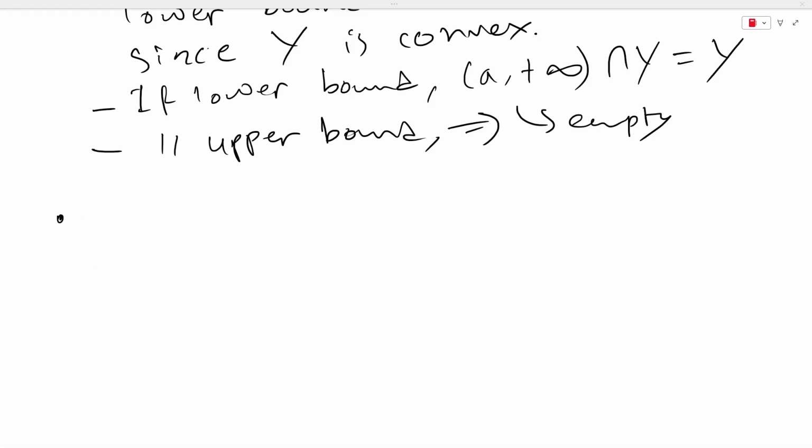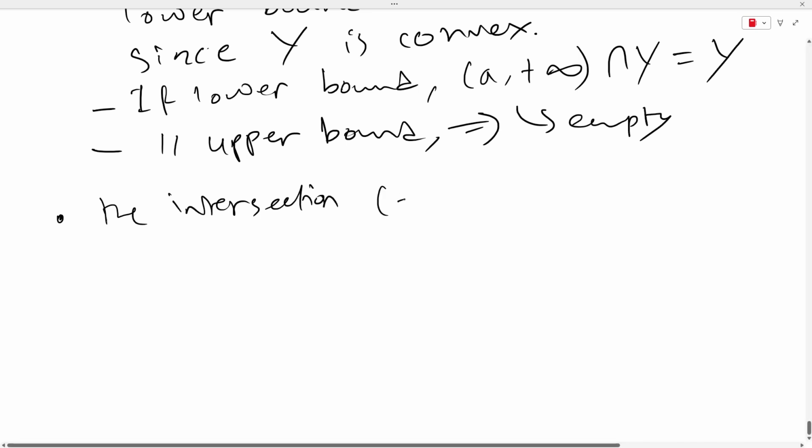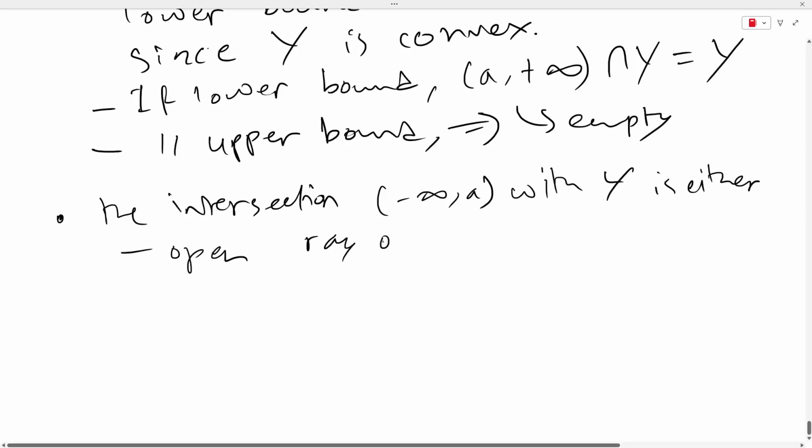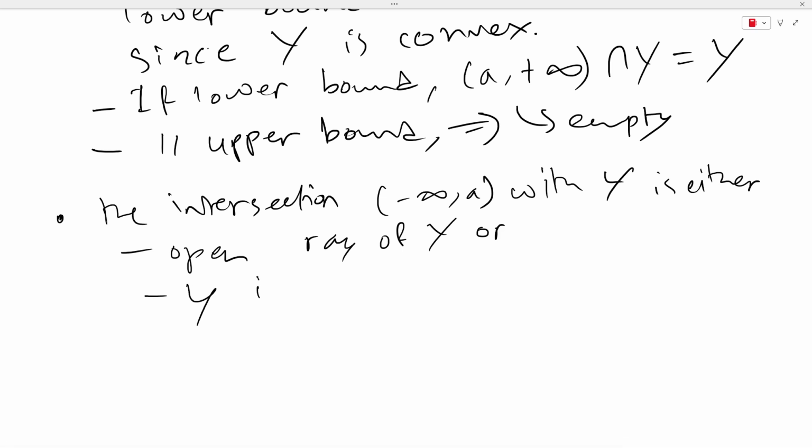So the intersection of this ray with Y is either an open ray of Y, or Y itself, or otherwise empty.